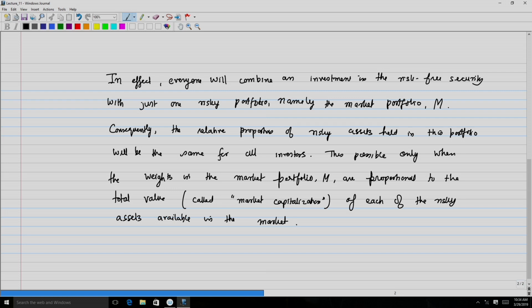So, what I mean to say here is the following, is that for the investment in risky assets, all investors take up an investment in the market portfolio, and if all investors are investing in the market portfolio, that means the proportion of the money invested in each of the assets of the market portfolio or the weights of the market portfolio are going to be identical across all investors, and this can only happen if this particular portfolio reflects a portfolio where you include all the assets that are available in the market, with the weights being the same as the market capitalization of each of the asset divided by the total market capitalization of all the assets that are available in the market, which is the justification for why this particular portfolio is referred to as the market portfolio.